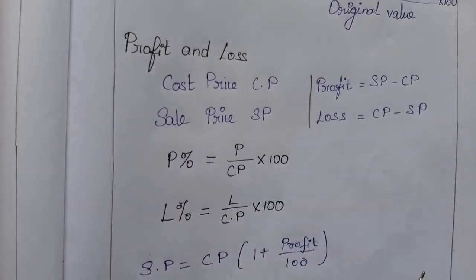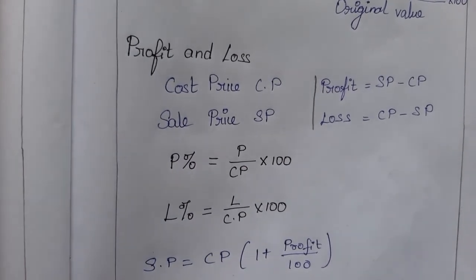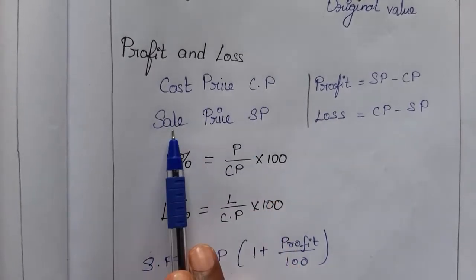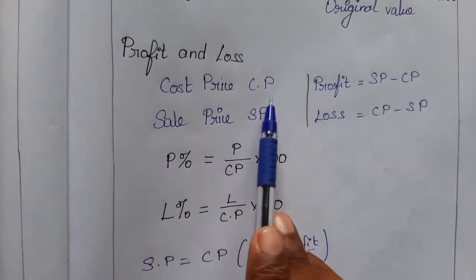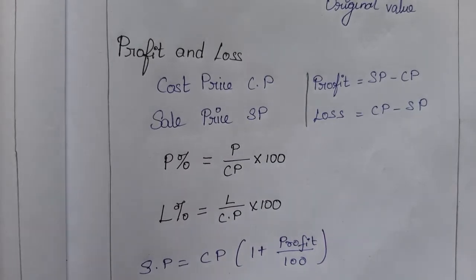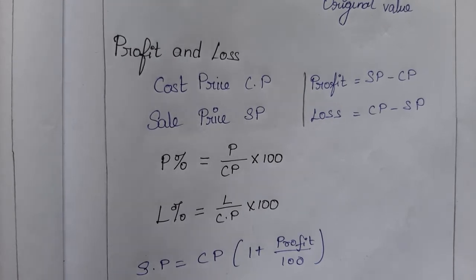The profit and loss sums mostly we will be using in purchasing, shopkeeper-like problems. So for that we have to know about the cost price CP and selling price SP. Cost price means the price at which the shopkeeper gets any material from the factory, from the manufacturing areas.